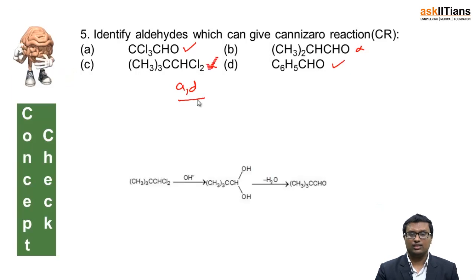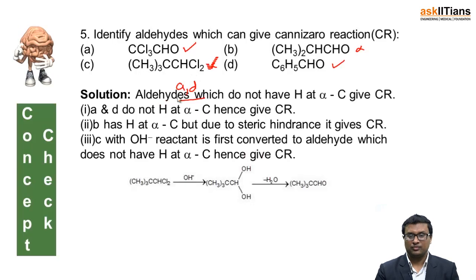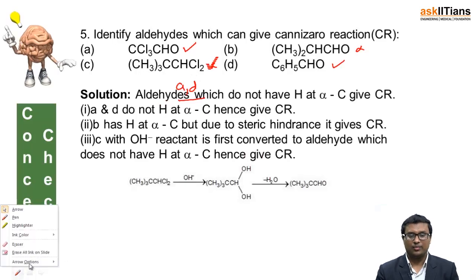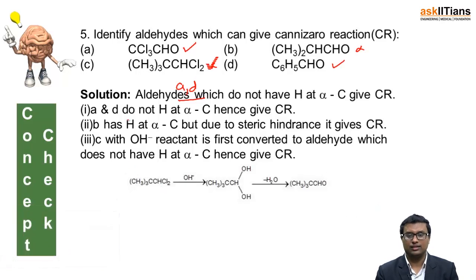Now if you see the answer, there is C also coming. Why? Because there is one important logic, guys. A and D do not have alpha hydrogens. Obviously they give the Cannizzaro reaction. But remember, B has alpha hydrogen, even though B has alpha hydrogen, there is a concept of steric hindrance.